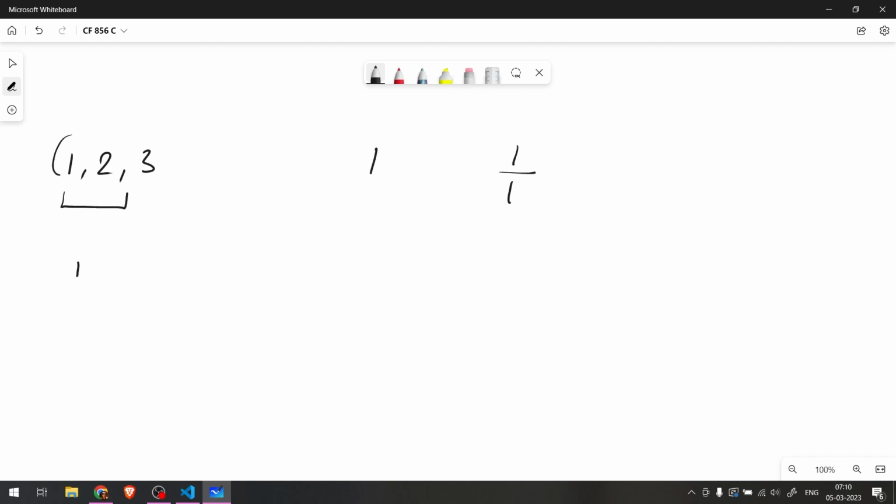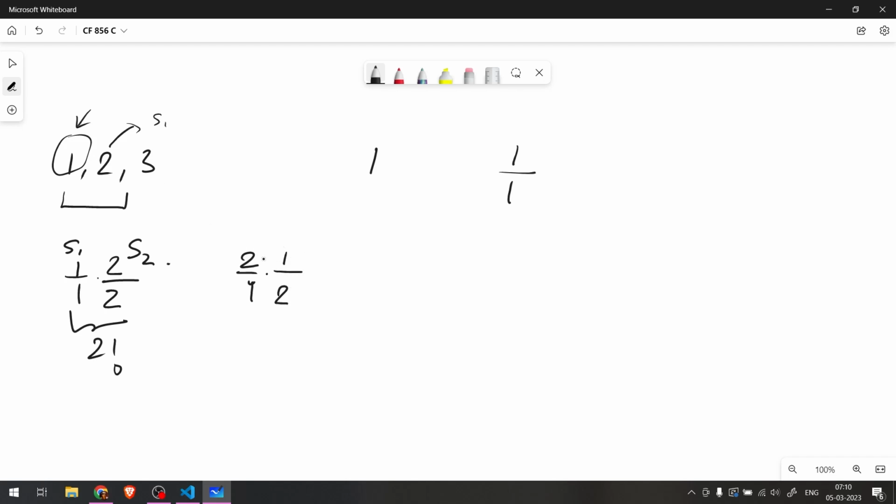If we take this element, then it's 1 by 1, and then if we take this as the next element, then it will be 2 by 2, because this is 2 factorial and this is S1 and this is S2. Similarly, we could have also taken this as the S1 and made 2 by 1, and then taken this 1 as the next element and made 1 by 2.